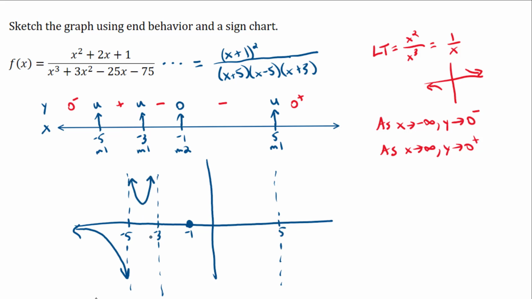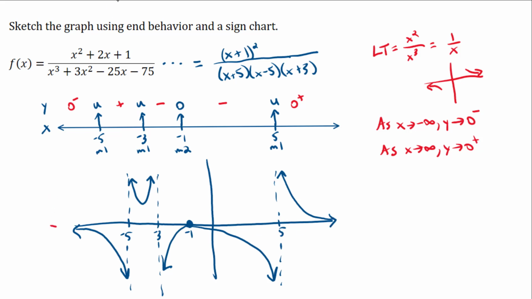So something like that. -3 to -1, I have to be negative and approach my asymptote. Between -1 and 5, I have to be negative and approach this asymptote. And then after 5, I have to approach 0 from the right side, like this, and then I have to approach my asymptote as well, so I have to do that.